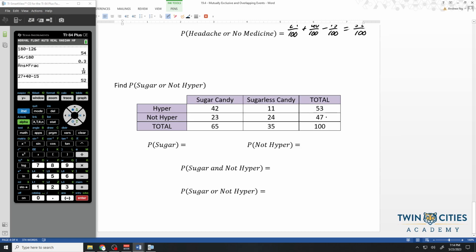So if I wanted to pick a random child and then interview them and their parent, and then at the end of the interview, let them know, here are the results. Did you have the sugar candy or did you have the sugarless candy? And based on your behavior before the candy and what we observed afterwards, did you get hyper or not?